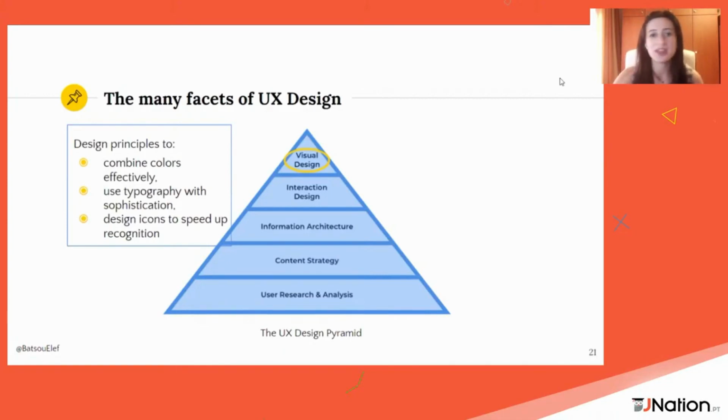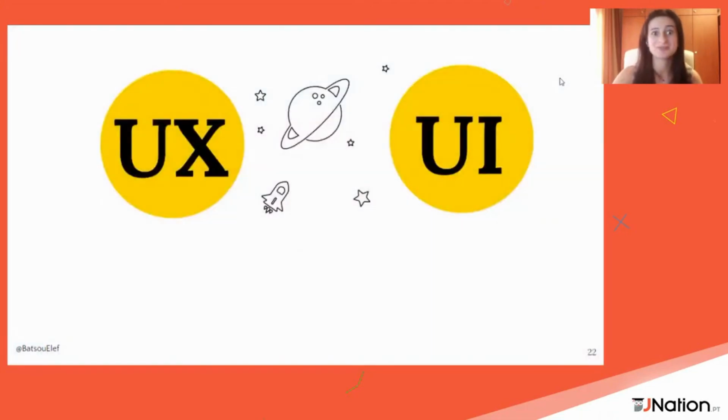Sometimes if you are in a big company and there are many UX designers, everyone will get something different. But if you are in a small company and maybe you're not even a designer, maybe you are just a coder or a developer, these are some of the things that you will have to do if you want to have a nice product.